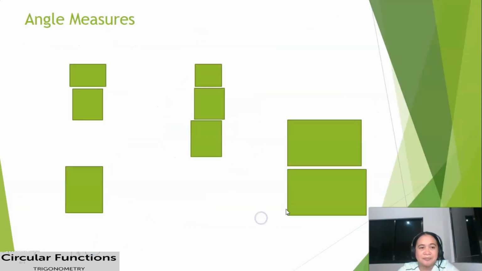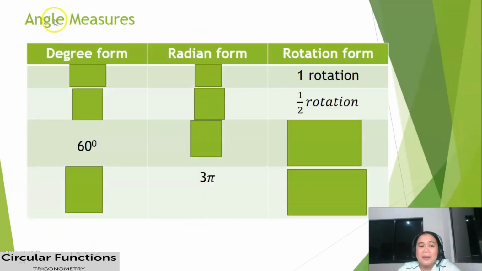Okay, next. Angle measures could be in degree form, in radian form, or in rotation form. Take note, one complete rotation of a circle is equivalent to 360 degrees, and 360 degrees in radians is equivalent to 2 pi. Or one complete circle is equivalent to 2 pi, and that is in radian form.